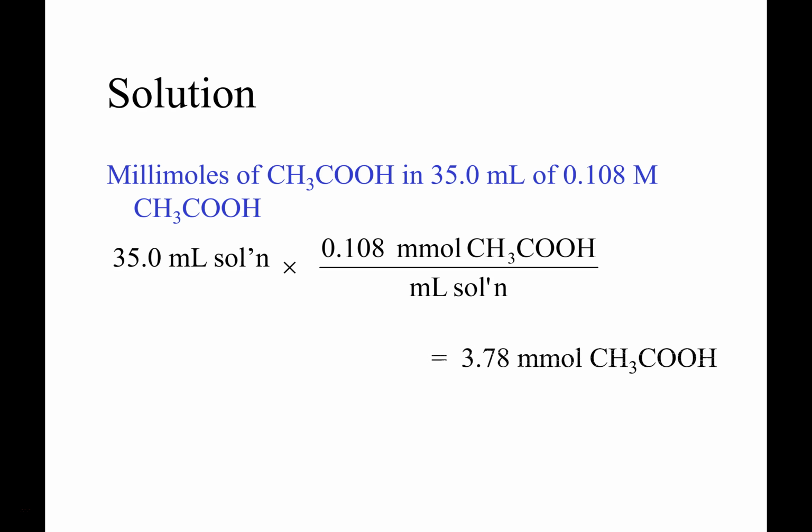Giving yourself 3 sig figs, that means you have 3.78 millimoles of acetic acid. The next step was to use stoichiometry to get to millimoles of NaOH, which I know are going to be the same because they react on a 1-to-1 basis. But you should show that because you never know. Stoichiometry could change up on you.